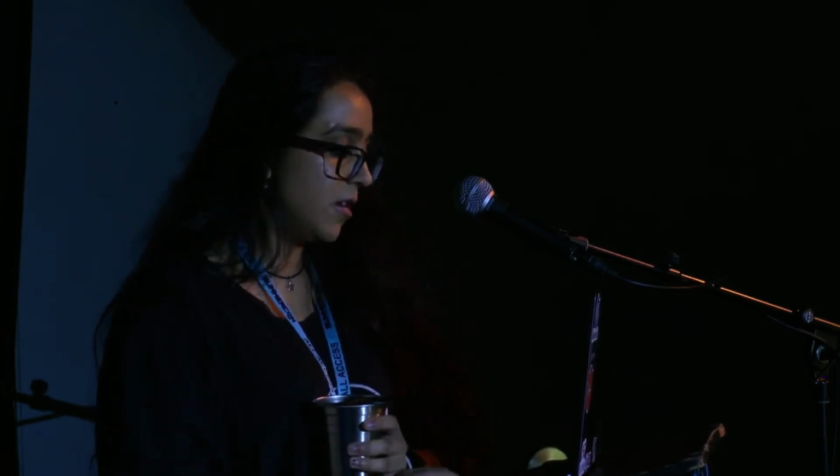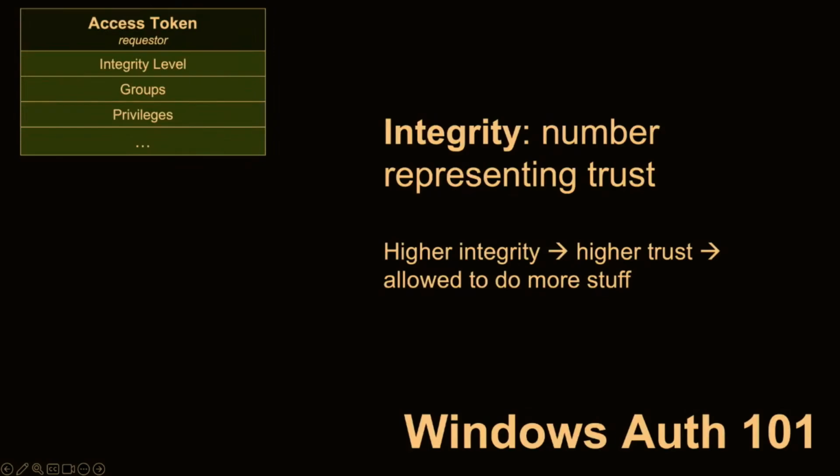So if you're a process and you want to access this file or something, the security reference monitor will take your security descriptor and then check it against that file's access token. So it checks these two objects and then makes sure that you have the appropriate access for granting you access to whatever.